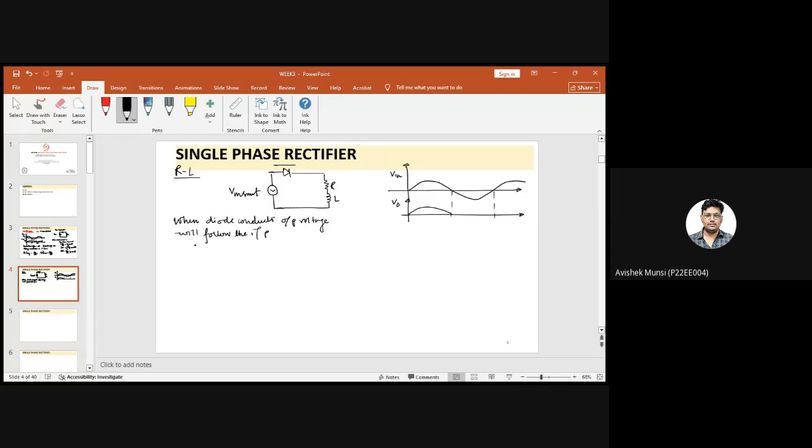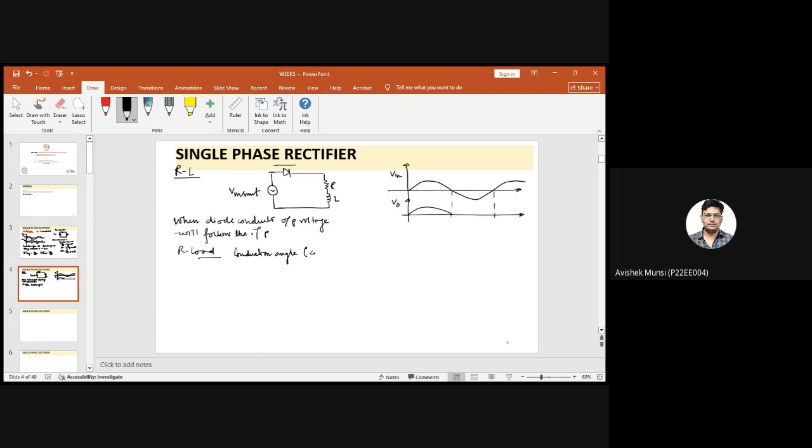Now, for R load, we discussed last time that the conduction angle of the diode is pi. I will not write conduction angle again; I will write it with the help of a symbol.